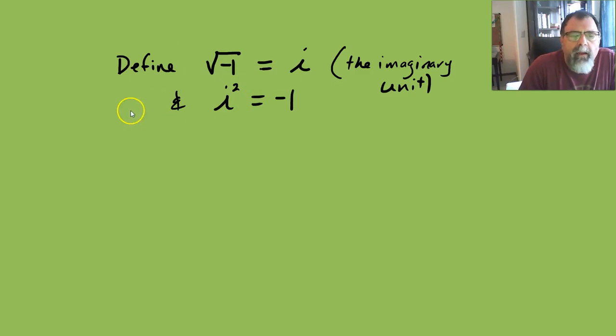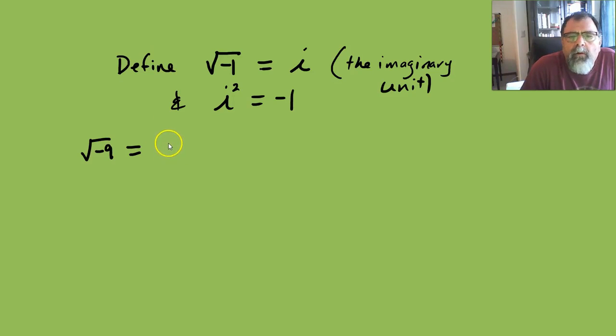Okay, so we're going to start there with our complex numbers. We're going to define the imaginary unit as this. Then if I want to find the square root of -9, we're going to add one more rule.